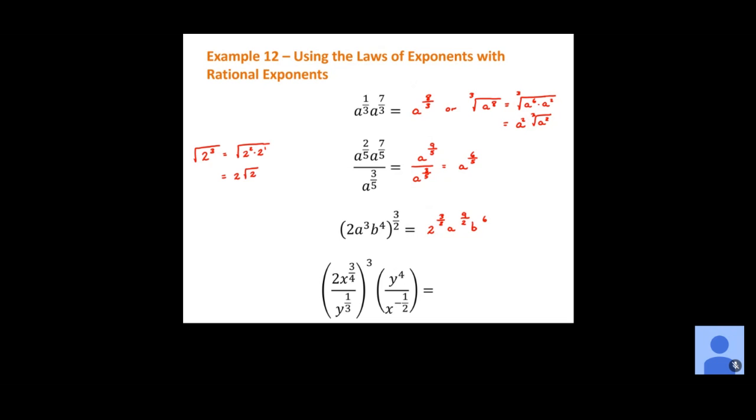And then we have to keep the square root of 2 now. So now overall, this becomes 2 square root of 2, a to the 9/2, b to the 6th. So again, the a to the 9/2, perfectly acceptable to leave it like that. With the 2 to the 3/2, because we can actually simplify that, it's a numerical value, that one I would probably go ahead and switch to a radical and simplify.